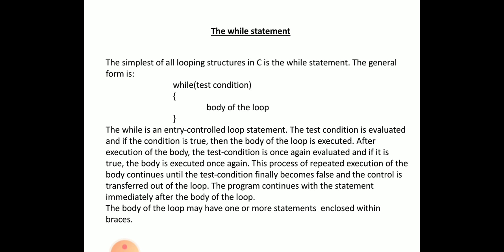Then we have to test the value of n to see whether it is equal to 10 or not. If it is equal to 10, then the program prints the result, or if it is less than 10, then it is incremented by 1 and the control goes back to compute the sum again.